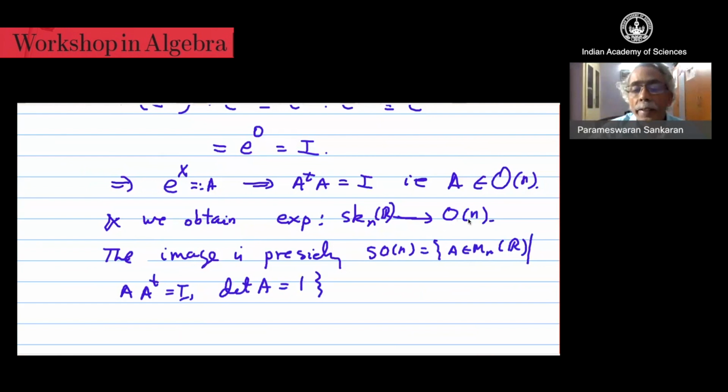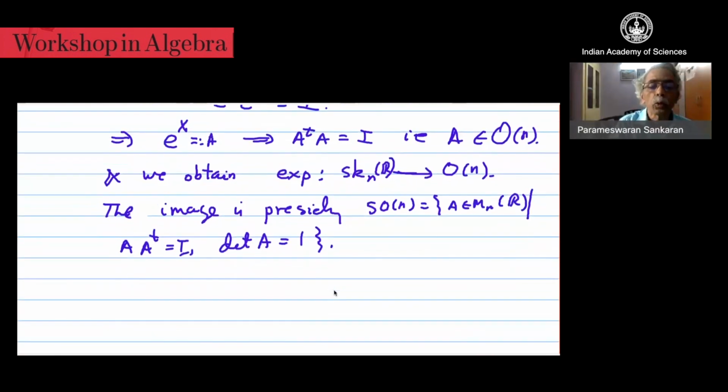The image is contained in here. That's obvious from this calculation. It's actually equal to it, and how to show it is equal to it?